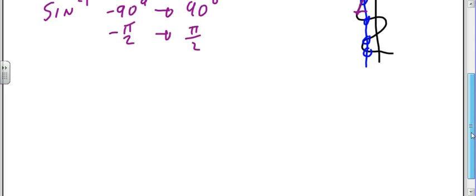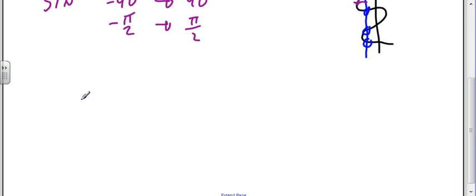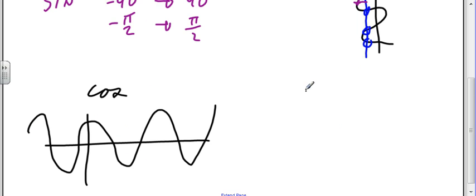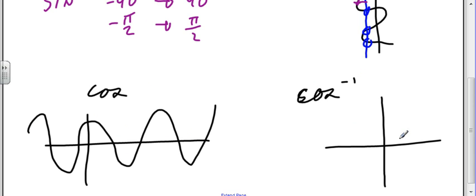And then I do the same thing and look at the cosine function. So I draw a cosine function, and it goes up and down and up and down. And then I ask myself, what does the arc cosine function look like? And I say, well, that guy has to be at 1 when he starts, and he's going to go like this.